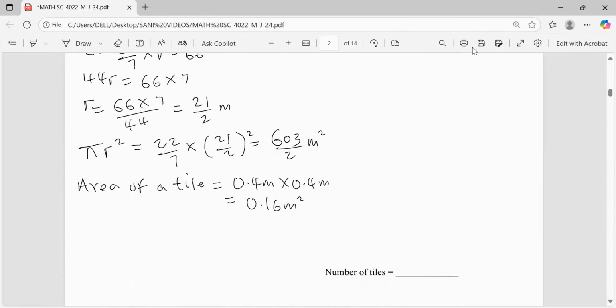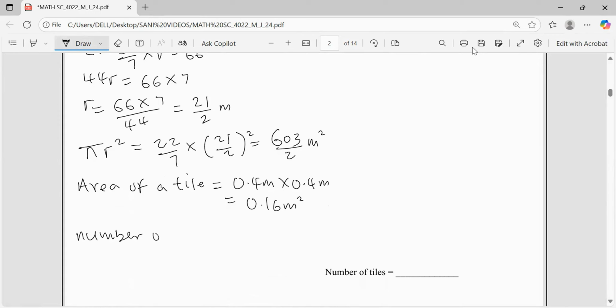So number of tiles required to tile the floor. The number of tiles required will be the area of the circular floor, that's 603 divided by 2, then divided by the area of one tile, which is 0.16.